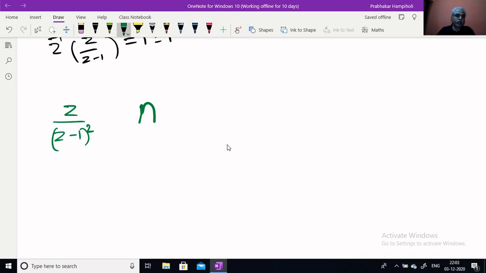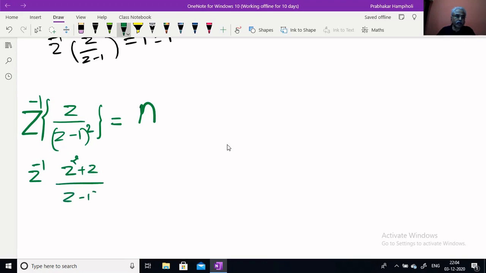Now we want to write inverse Z transformation of this. Similarly, I'll write Z inverse of Z square plus Z upon Z minus 1 whole cube. Whatever is there, one less than that, but in this pattern, it is n square.